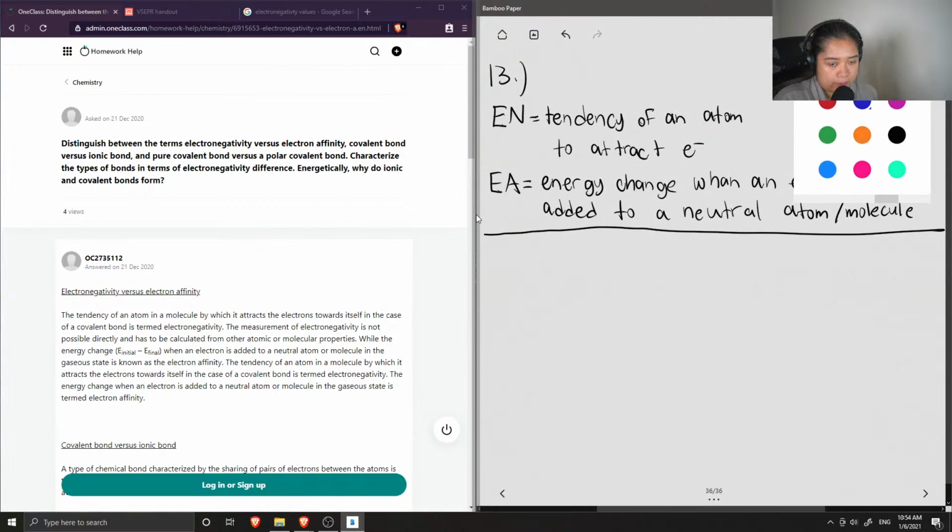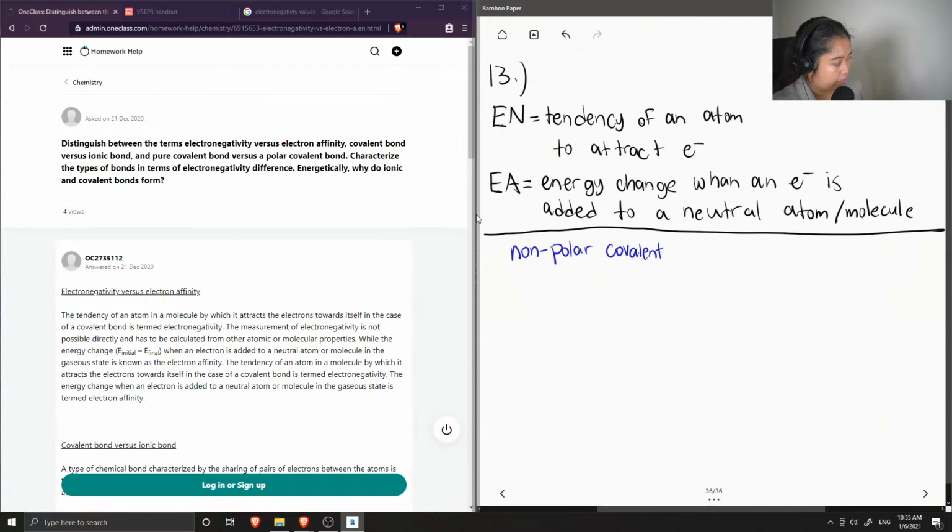And now for the second part of the question, we need to distinguish covalent versus ionic bonds. So first, I'll just define all the different bonds. So you can have a nonpolar covalent bond, which is when 2 atoms have equal or similar electronegativity values.